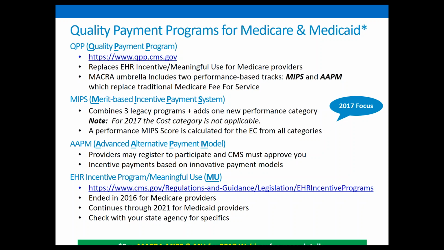Quality payment is the umbrella under MACRA for Medicare providers that is replacing your traditional fee-for-service Medicare with two new performance-driven payment tracks. One of those is called MIPS, or the Merit-Based Incentive Payment System. The other is Advanced APM, or Alternative Payment Model. The focus in 2017 is the MIPS side, and that is what we're going to be concentrating on.